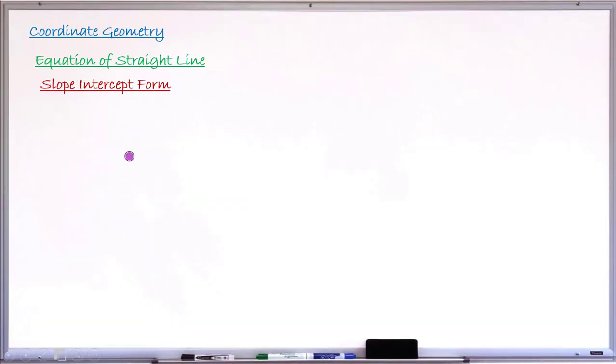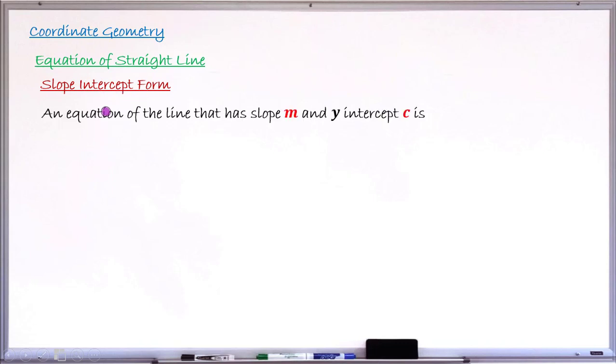So to begin the lesson, let us first learn what we need to do to write or find the equation of a straight line if the slope of that line and the intercept on the y-axis of that line are given. The equation of the line that has a slope m and y-intercept c is given by this simple formula: y equals mx plus c.